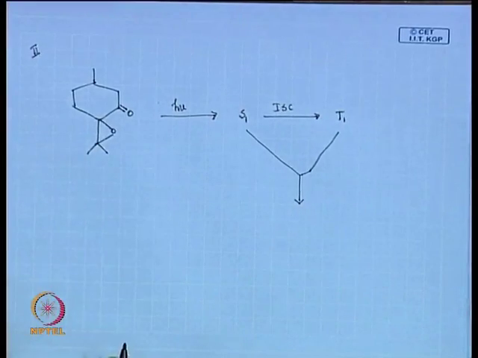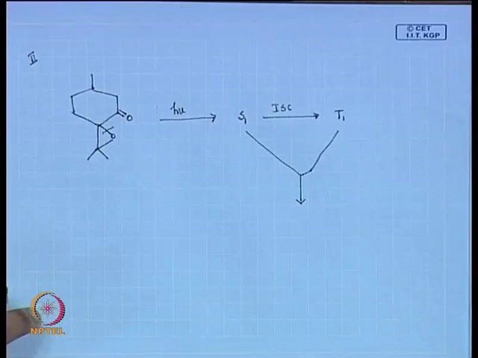So, what beta cleavage am I looking for here? Which is the weakest bond? Carbon oxygen. So, this will be your weakest bond. So, I can break this bond, right? Yes or no?